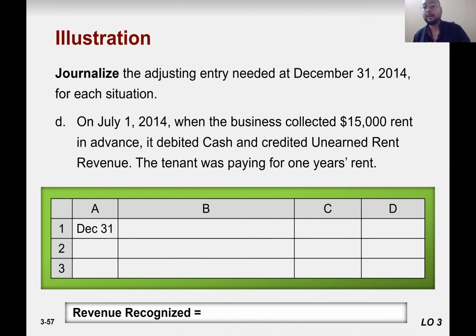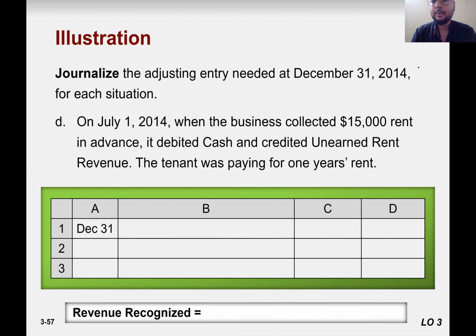So if you understand that, please answer this question. I'm going to give you 5 minutes to answer this question. Let me read that. For those who are watching online, just pause the video and try to make the journal entry here. On July 1st, 2014, the business collected 15,000 rent in advance. First of all, you need to remember where you are standing.